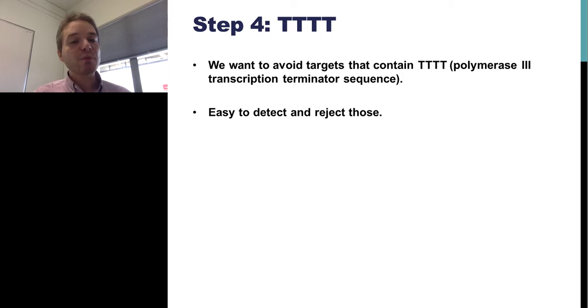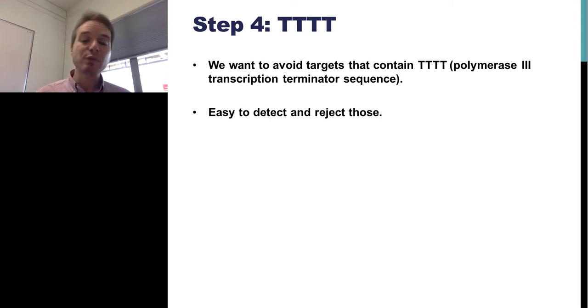In step 4, we remove the targets that contain that polythymine subsequence, because it's a transcription terminator sequence, and so my colleagues wanted to eliminate them. The advantage is, as for the GC content, it's something that's very easy to detect, and so it's a step that is going to very quickly eliminate targets.